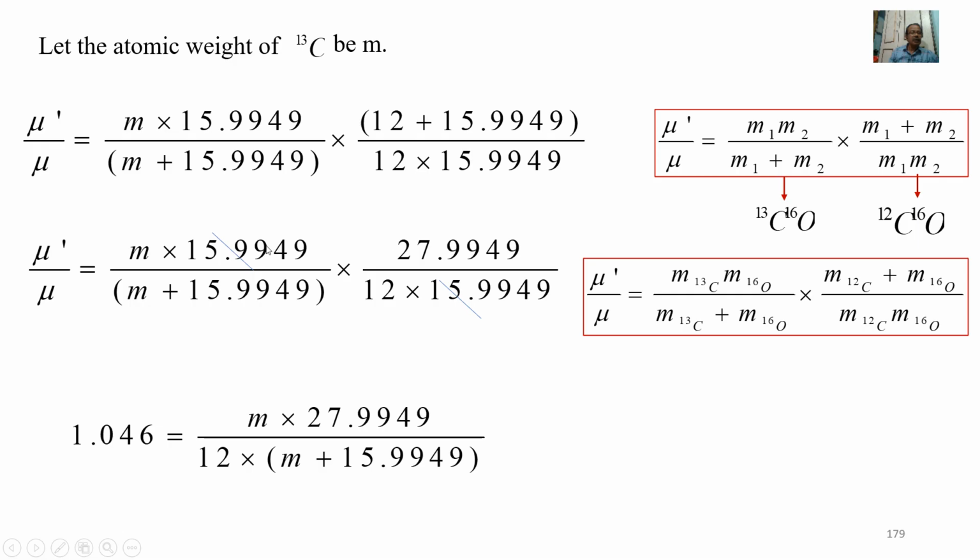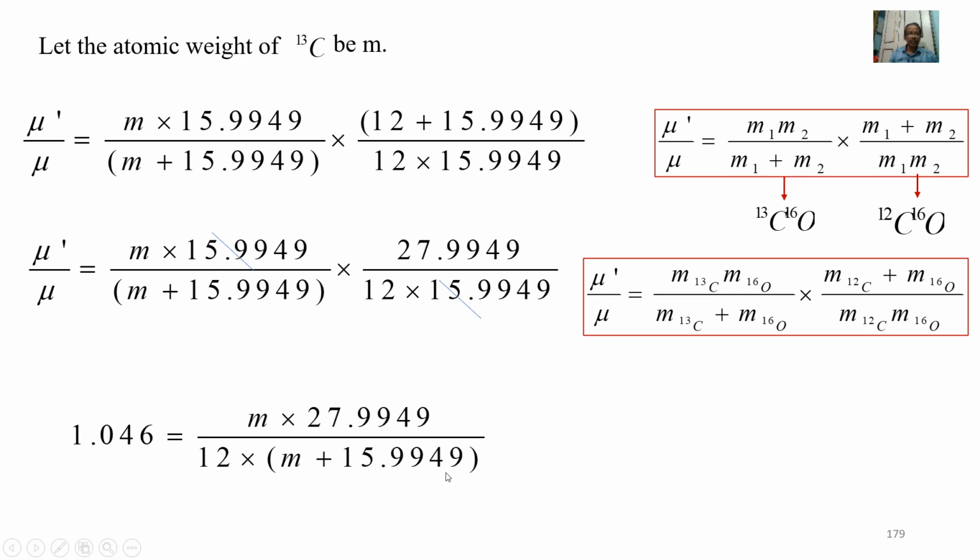Now cancelling this term out, 15.9949 and here also we have 15.9949. Simplifying, and already we have calculated mu dash by mu, which we obtained as 1.046. So the remaining term will be m multiplied by 27.9949 divided by 12 multiplied by m plus 15.9949.